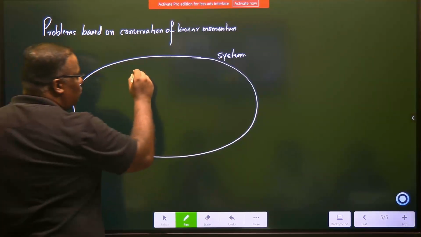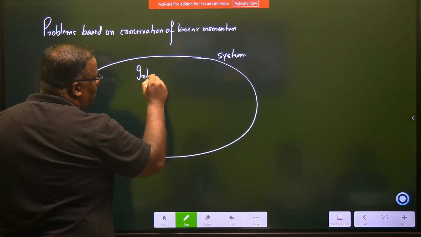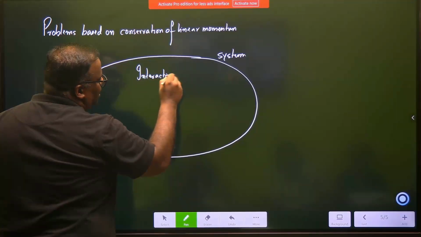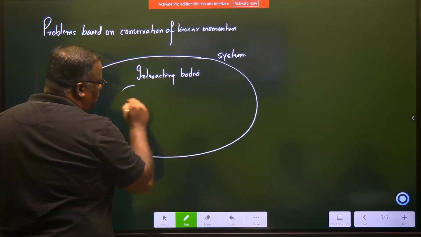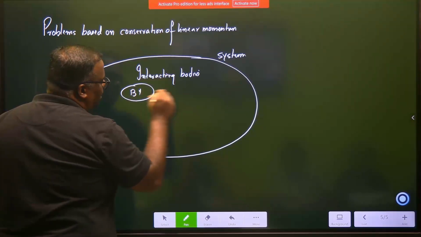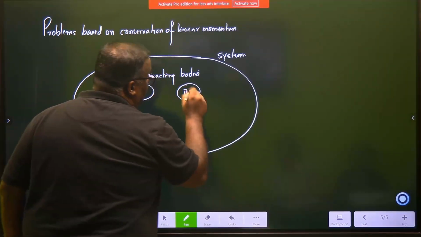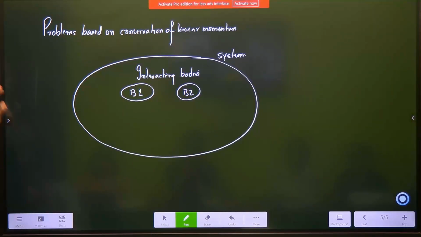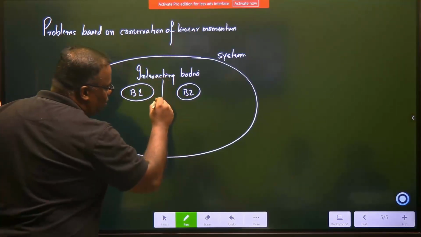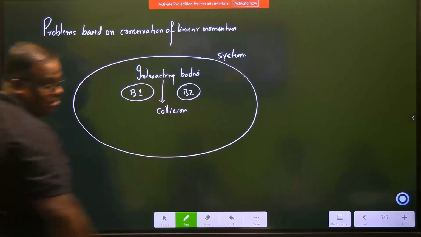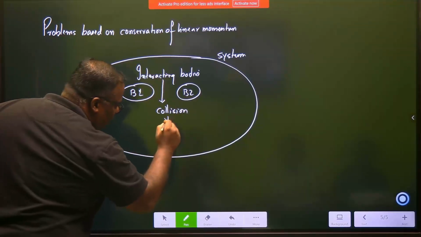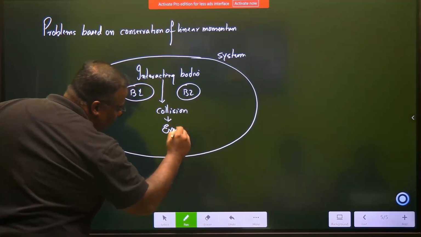In this system, we will have interacting bodies. And generally in such problems, you will have one body 1 and one body 2 interacting. This interacting will usually be in the form of a collision. And this collision you have to think of as a sort of an event.